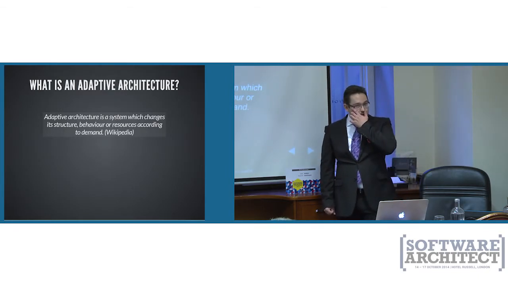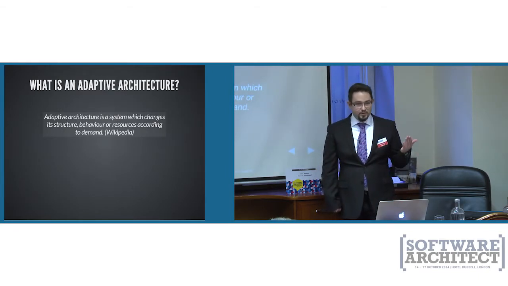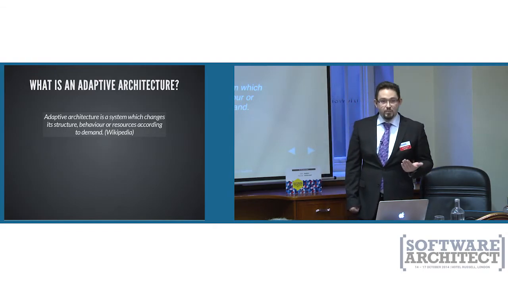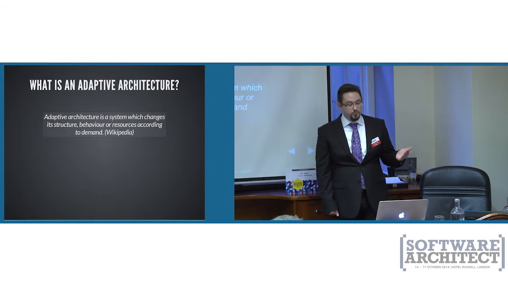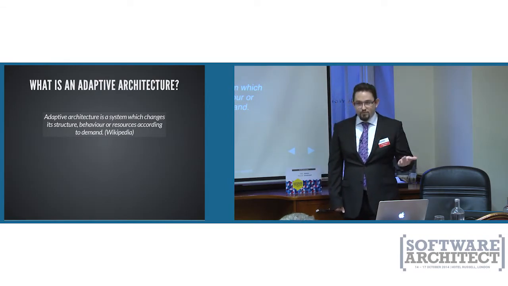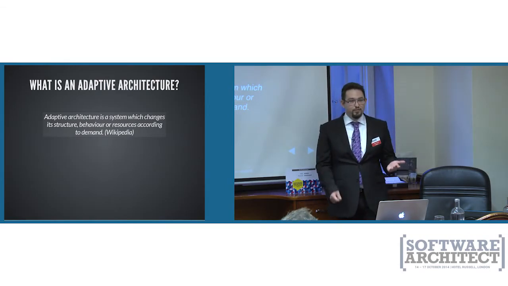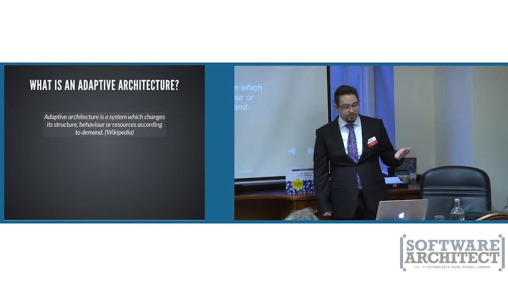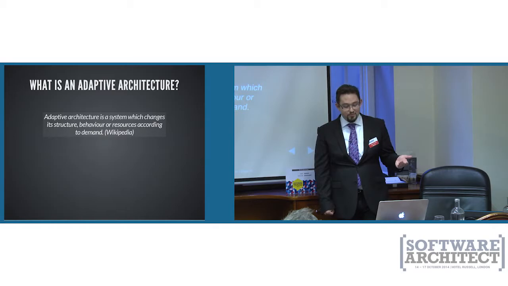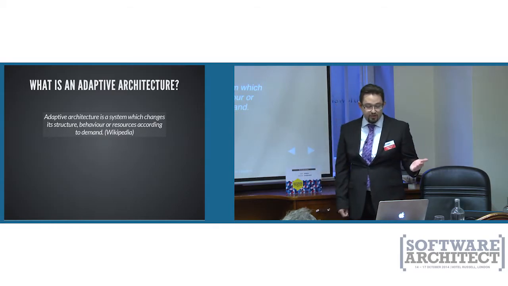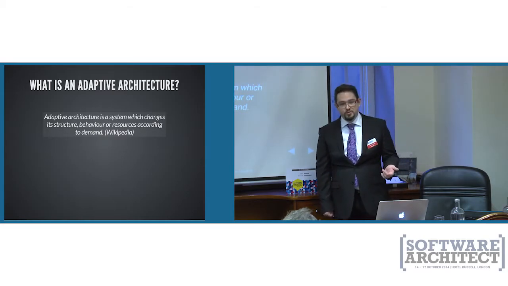So, the title of this talk is how to create an adaptive architecture with ZeroMQ. And first, we should clarify what an adaptive architecture is. According to Wikipedia, adaptive architecture is a system which changes its structure, behavior, and resources according to the demand.